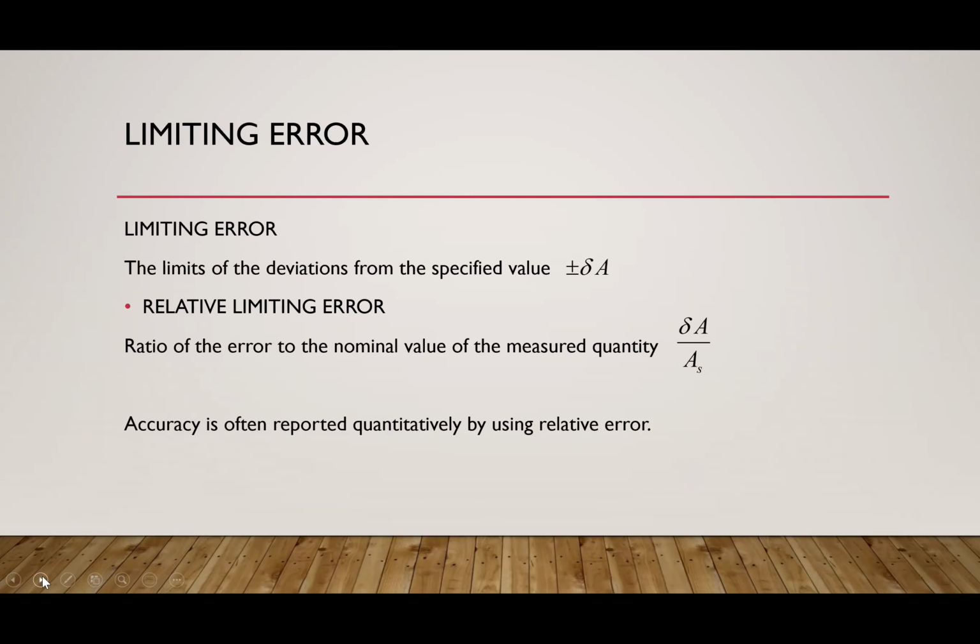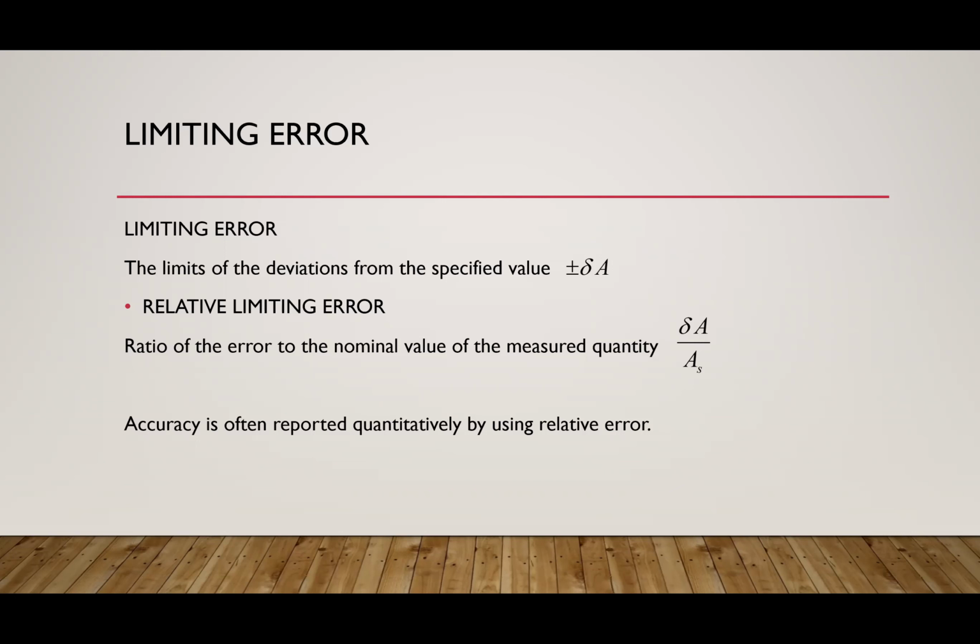Then we have something called a limiting error. Now, limiting error means what? Limiting error का मतलब होता है the highest possible error that can get incorporated. जैसे हमने आपको बताया, हमने लिखा the accuracy of the instrument is suppose 10 plus minus 2, or we said the reading that we are getting is 10 volts plus minus 2. So plus minus 2 is the limiting error.